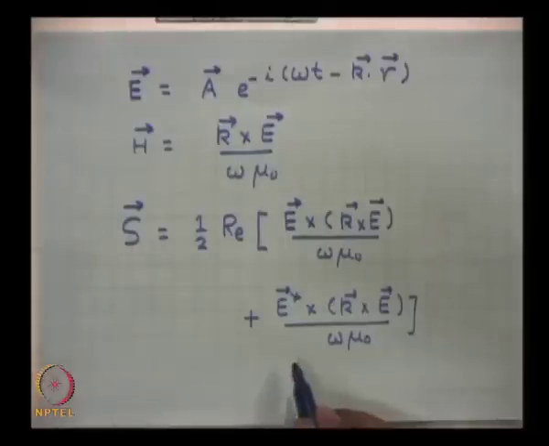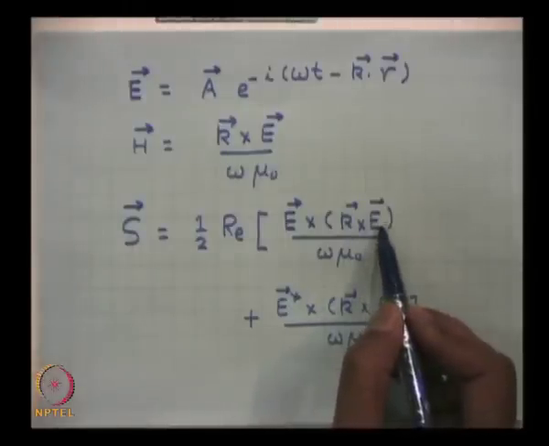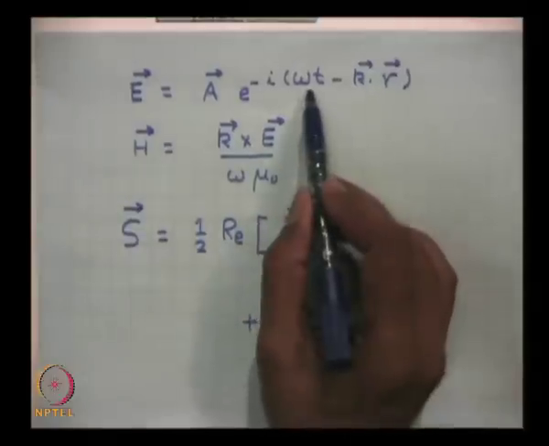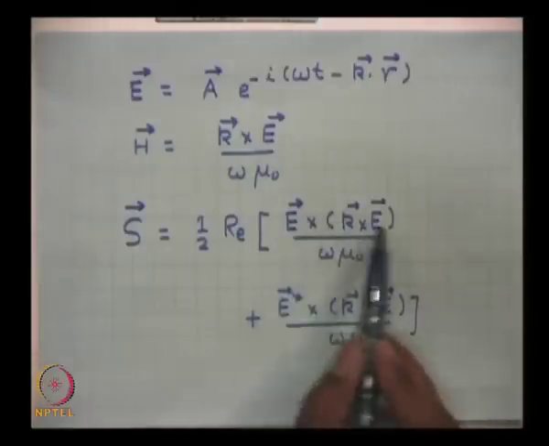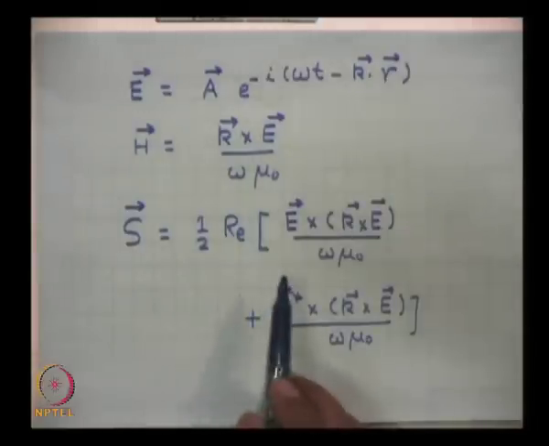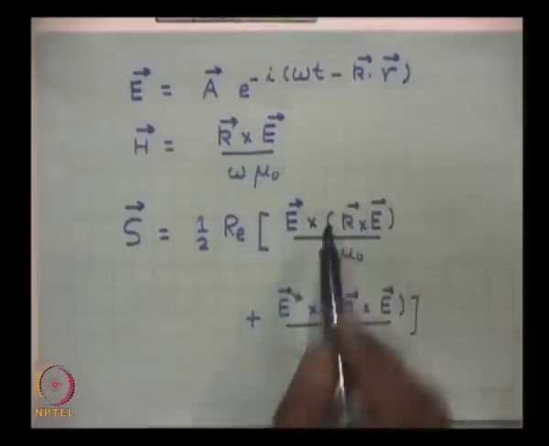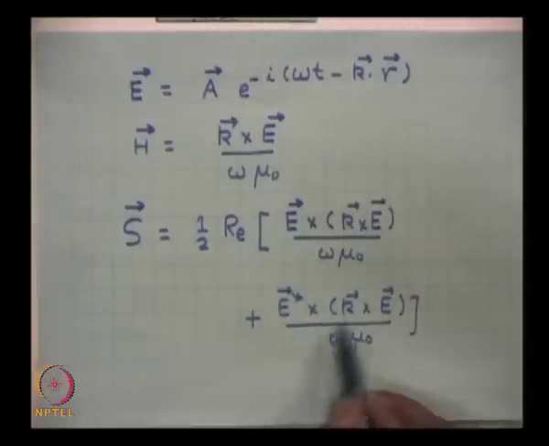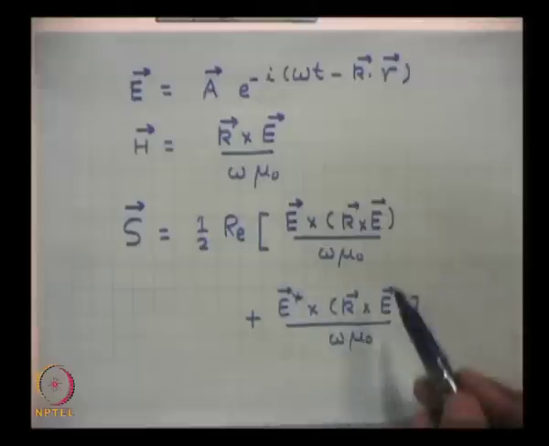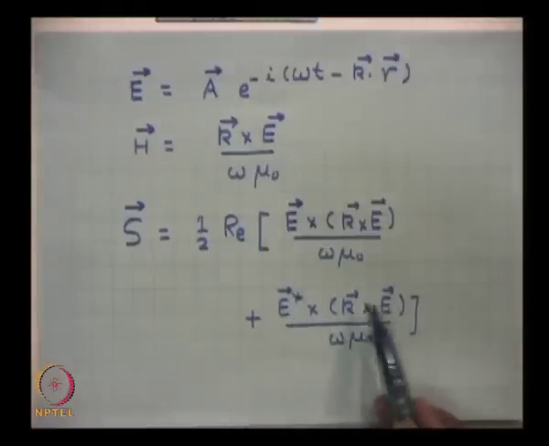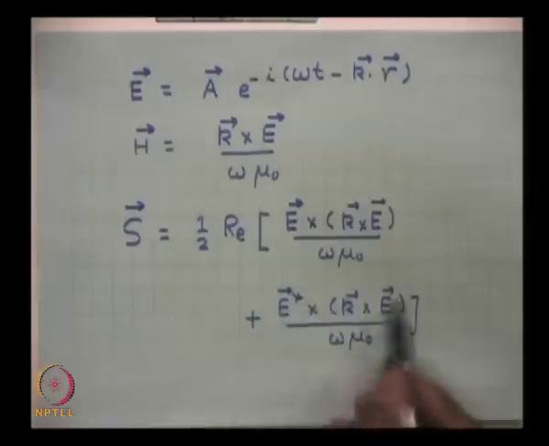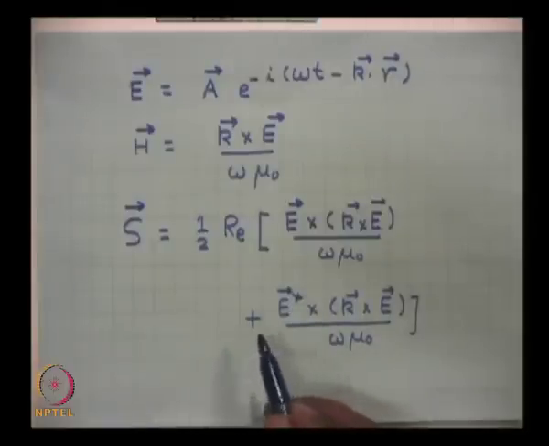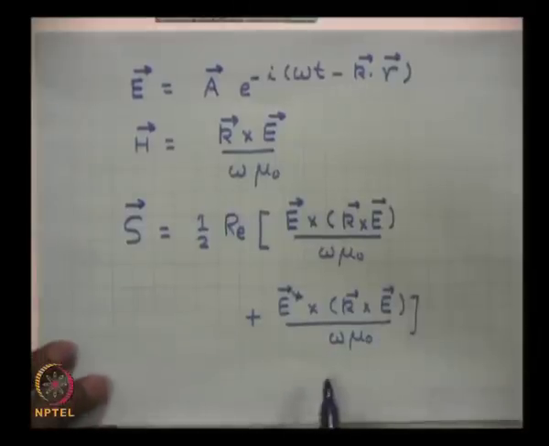You may note one thing in here. E has an exponential factor of exponential minus i omega t minus k dot r. This E also has. So the product, if you multiply them, will be at 2 omega frequency. The time average of this function will be 0. This is the only term whose exponential time dependence will cancel. The two factors will, because this will have minus i omega t, and if you take the complex conjugate, it will give you plus i omega t. So they will cancel. So the time average power vector will be only this term that will contribute.